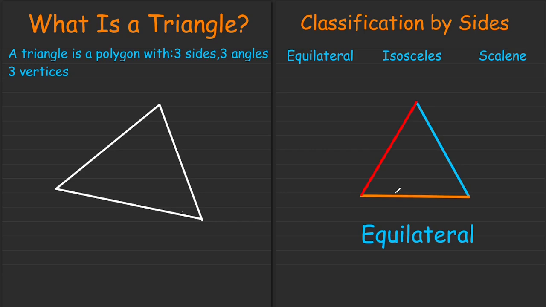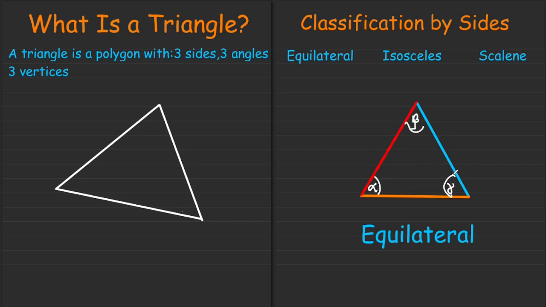So the first classification, which is by sides, is that if all the sides are the same, then we can call it an equilateral triangle. As we proceed, you'll understand that for an equilateral triangle, since the sides are all the same, the angles we have in here are also the same.